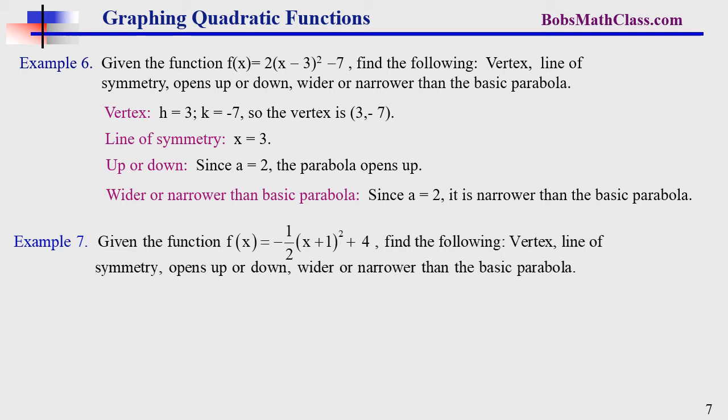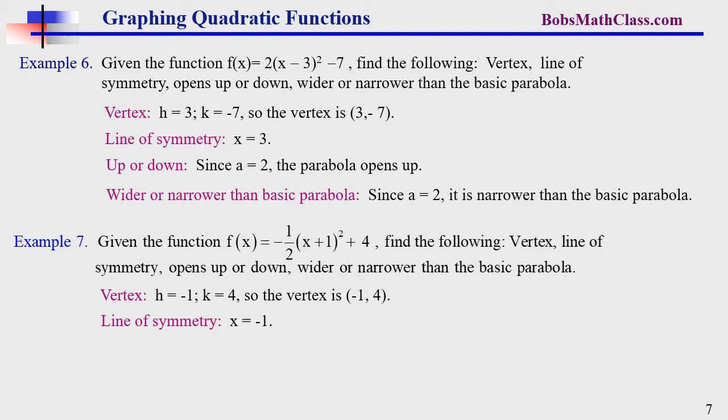All right, next example, vertex. What is our vertex? So inside the parentheses, opposite, outside, same. So our vertex is -1, 4. Line of symmetry, x equals -1.